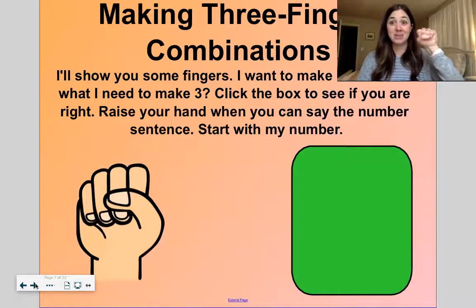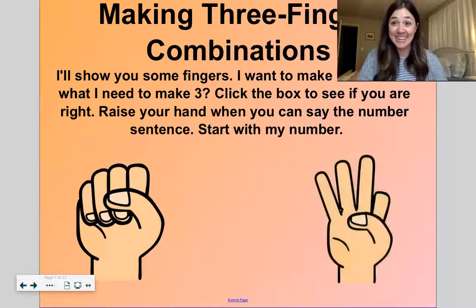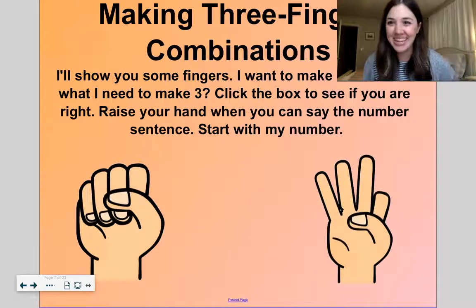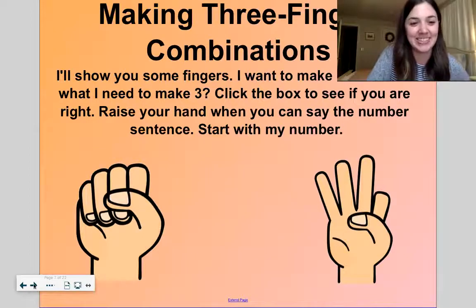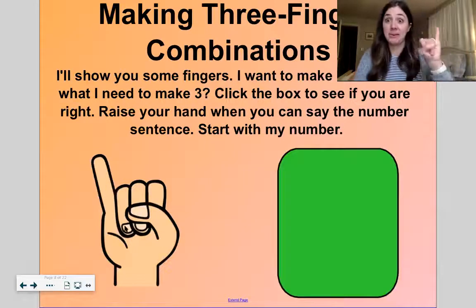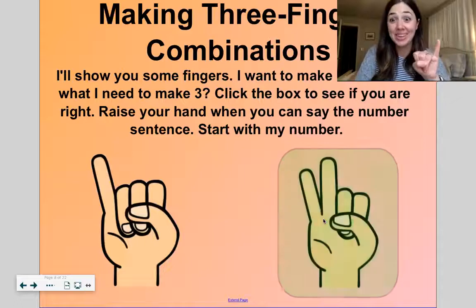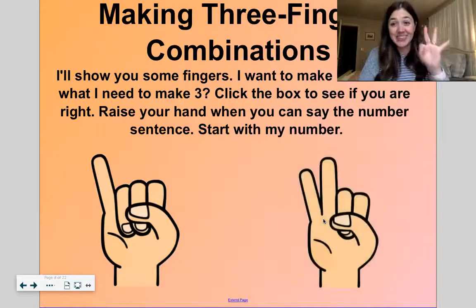Okay, so we have 0 here. How many more do we need to make 3? 3. 0 and 3 make 3. Good. Okay, let's do another one. Okay, here we have 1. How many more do we need to make 3? 2.